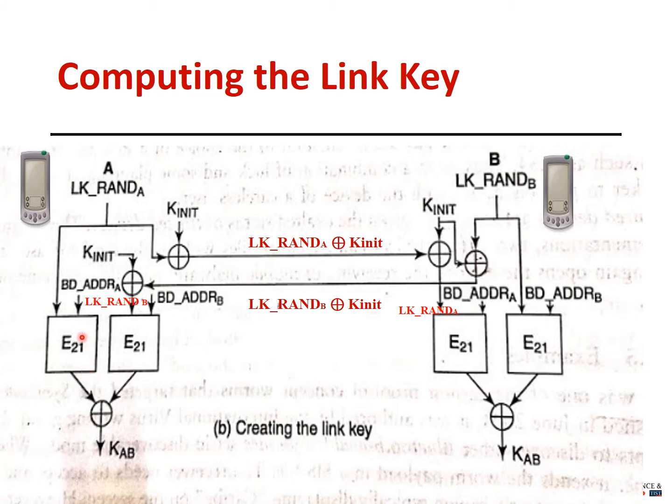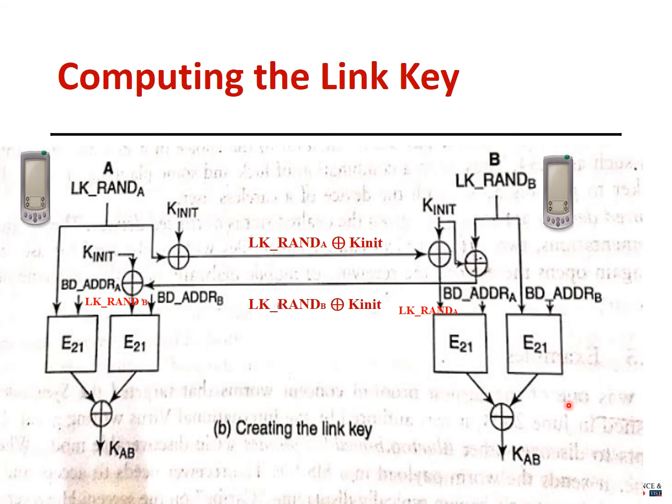You can see this operation here, and we'll check what the inputs to this block are. In the first box, the inputs are random number of A and Bluetooth device address of A. In the second block, it is random number of B and Bluetooth device address of B. This random number is generated by B and it is retrieved at A's side by doing an XOR operation on the resultant forwarded by B. So this is the calculation of the link key on A's side.